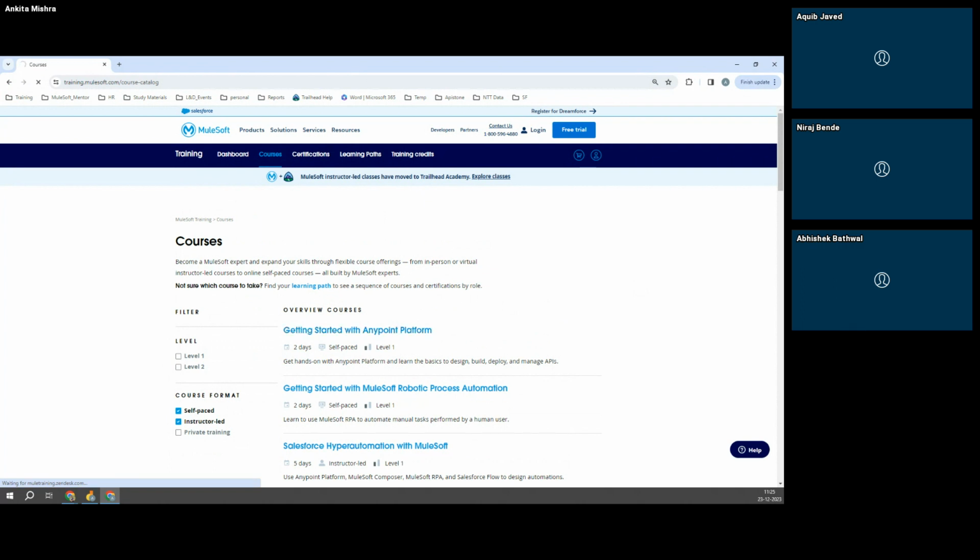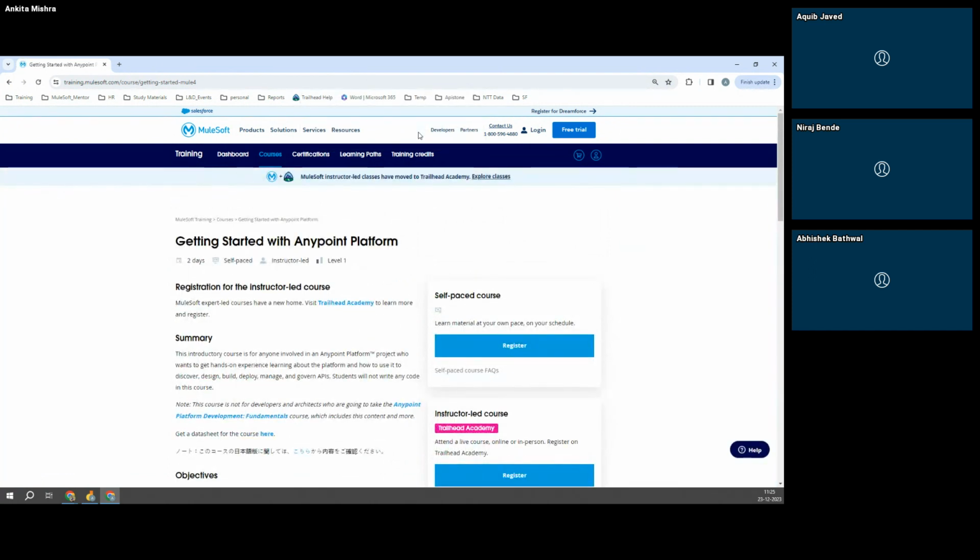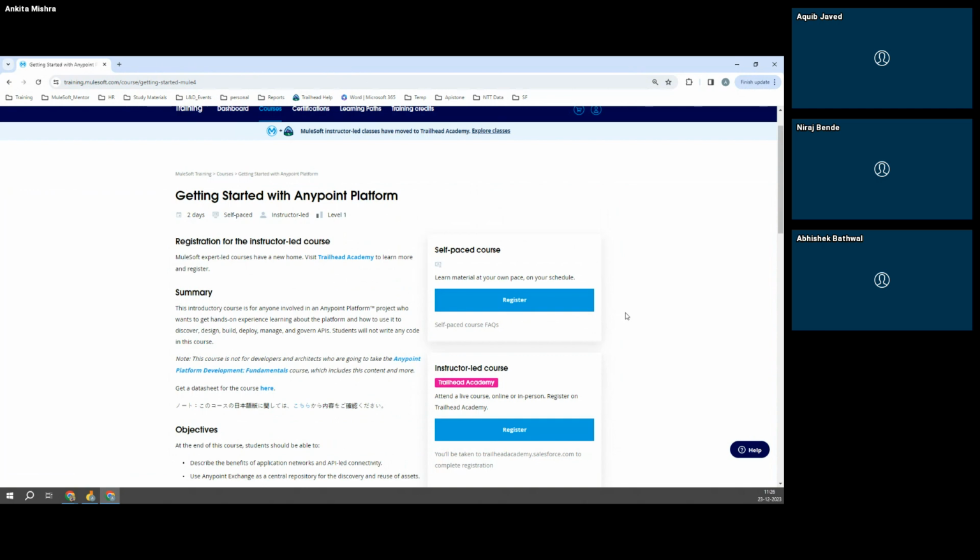However, from the MIA perspective, you only need to cover the first 2 modules. If you are interested, please feel free to cover all 5 topics, because it's very interesting and it will give you some hands-on experience to understand MuleSoft from scratch. However, if you are only preparing for MIA, then I believe the first 2 modules will be enough.